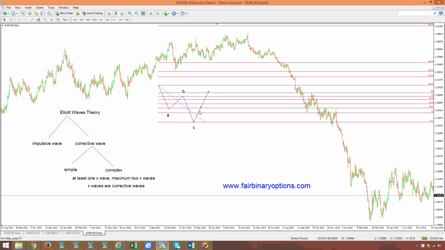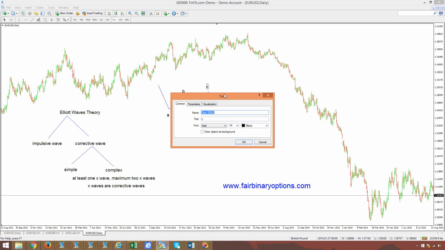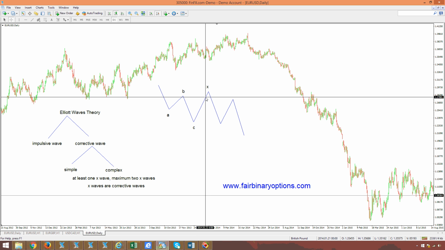Well, if it goes like this, as an X wave, then we should expect at least another similar move, either a zigzag or a flat. So the market should go minimum with another A and B and maybe a C like this. So on whatever the move the market is doing here, we should look into trading or continuation of the same pattern.